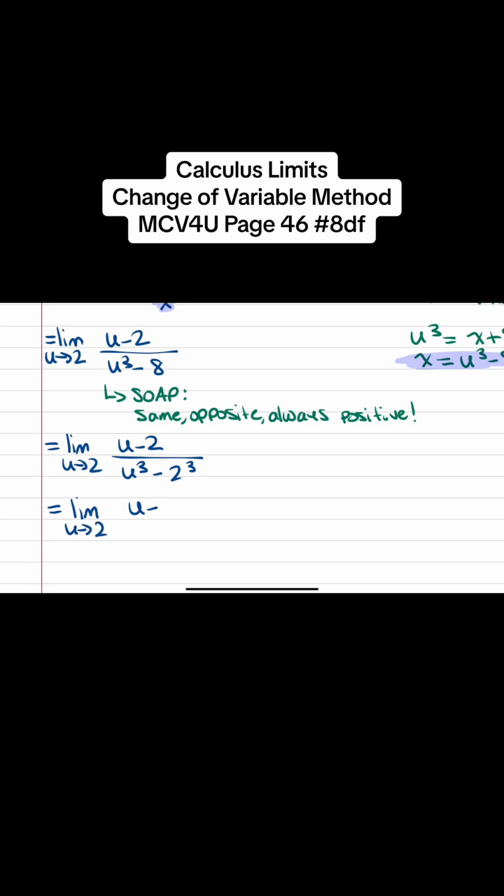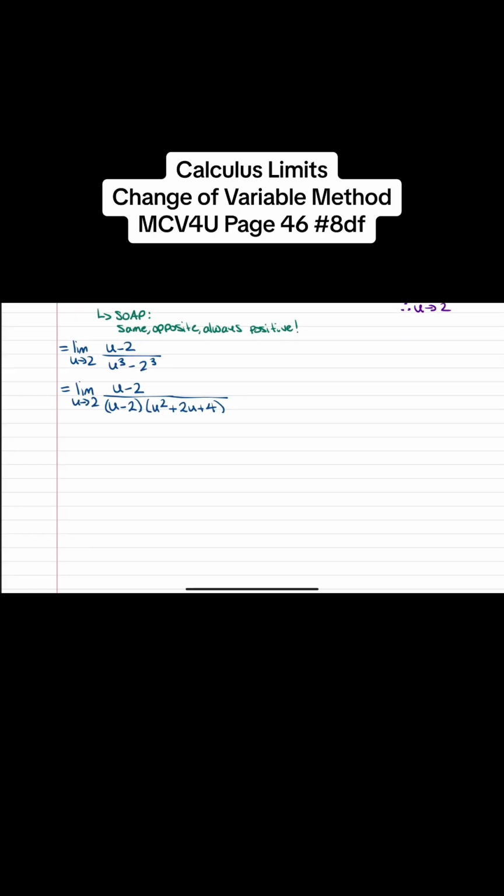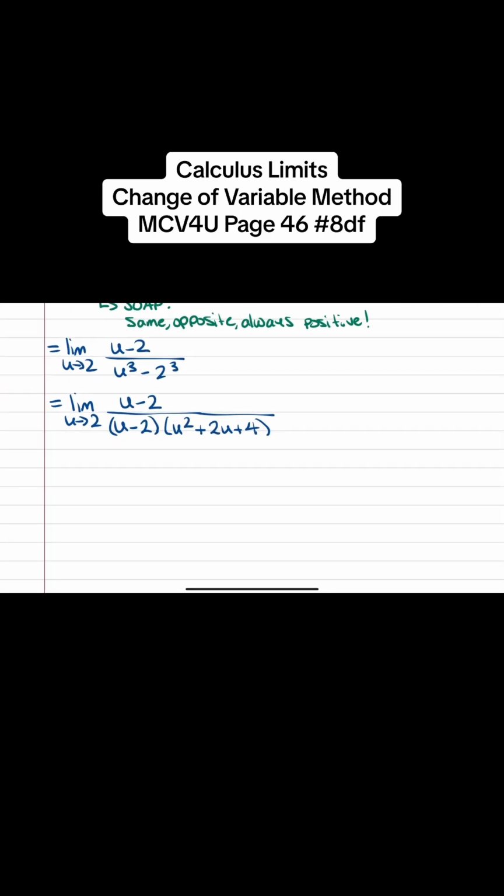We can rewrite this as the limit as u approaches 2 of u minus 2 over u minus 2 multiplied by u squared plus 2u plus 4. And just to explain how I got those two brackets, the first bracket will be the first term minus the second term, and then the second bracket will be the first term squared plus the second term multiplied by the first term plus the second term squared.